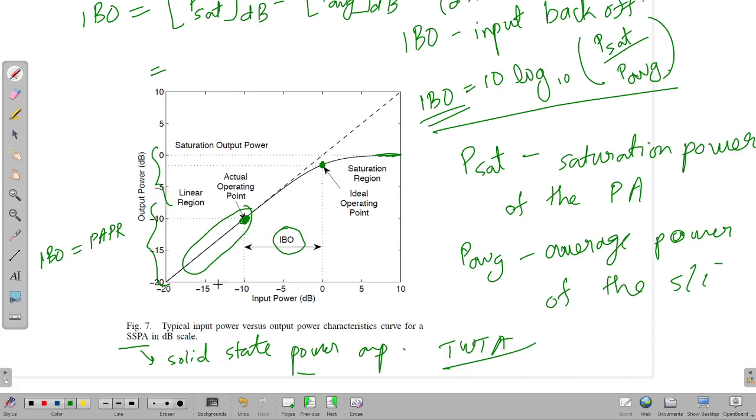So how can you reduce PAPR effectively without significantly affecting the signal? If you simply reduce the peak power, then proportionally your whole signal power is going to reduce and your output power is going to be less. So how can you prevent this?